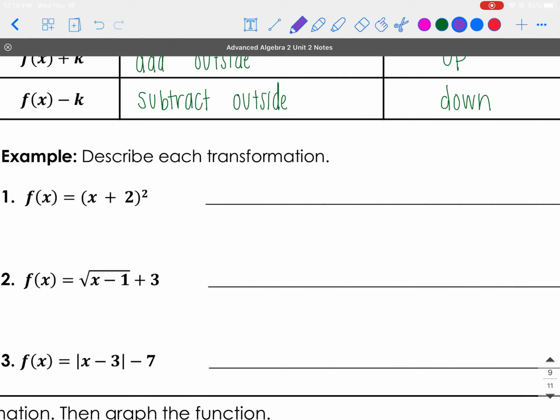Number 1, the only thing that I'm adding or subtracting is I'm adding a 2, and it's inside the parentheses. So plus 2 inside means I'm moving left 2.